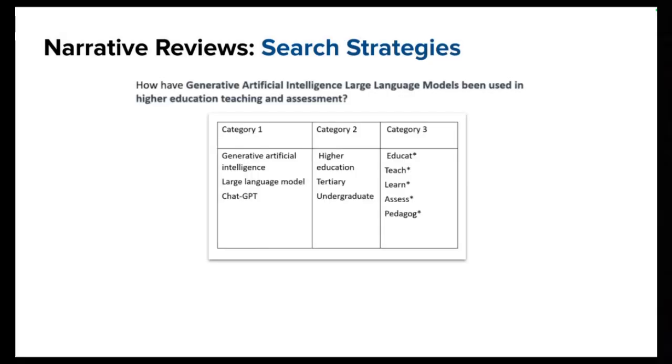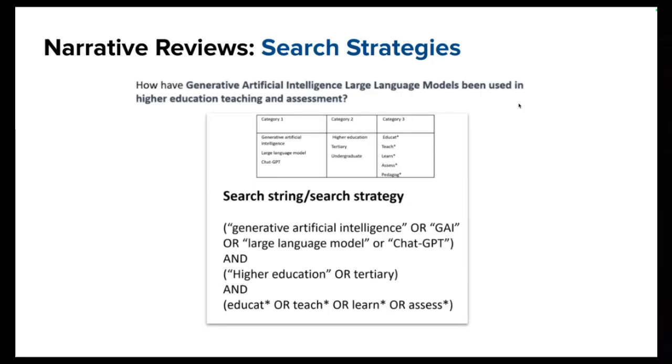Going back to our example, we had our core concepts and then our different search terms for each one of our core concepts. What you can do with Boolean operators now is, I shrunk the table down really small, but you can weave them together, weaving your search terms together using your Boolean operators.